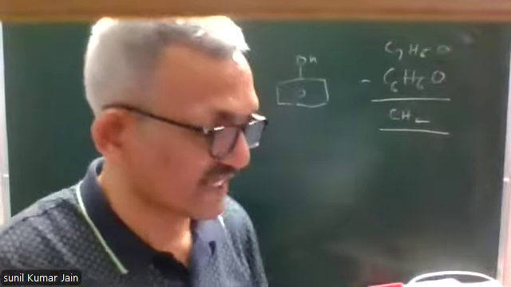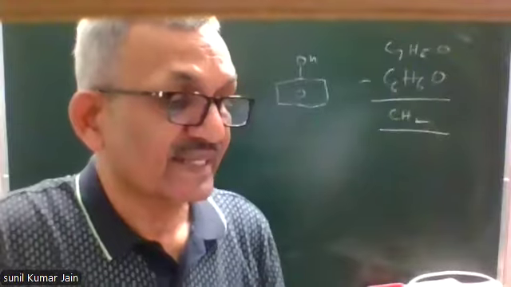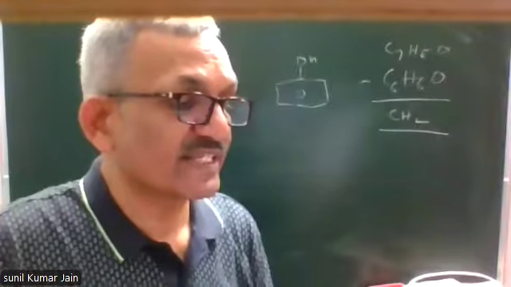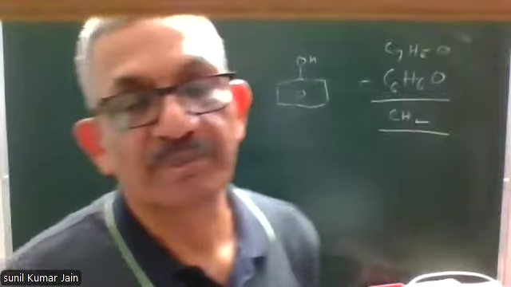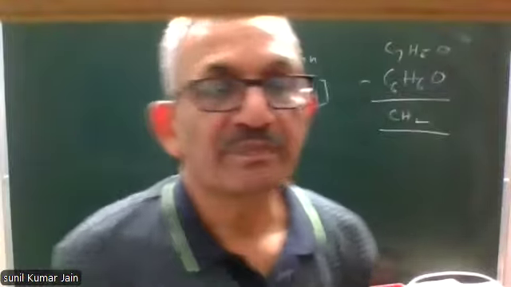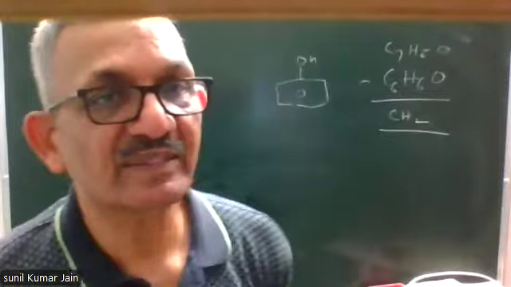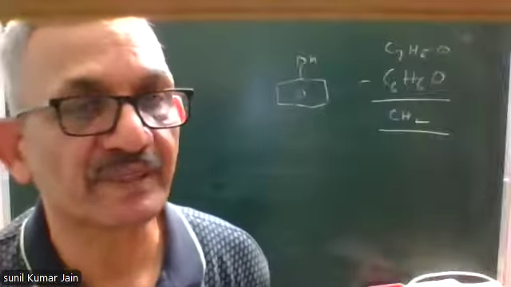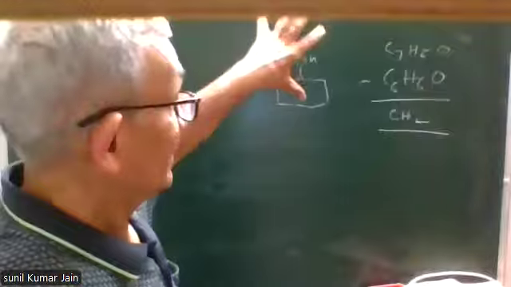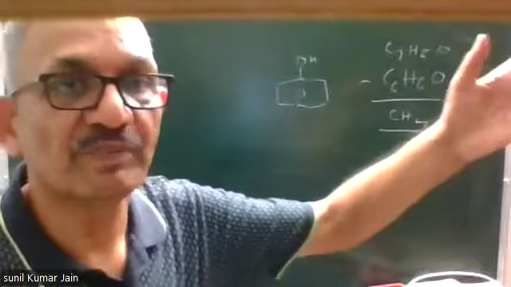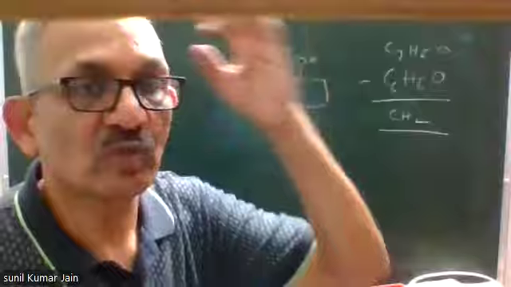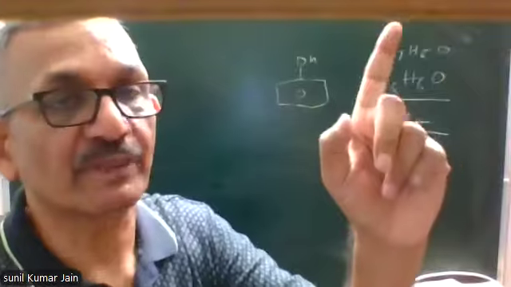Now, further the question says, this readily gives white precipitates of C7H5OBr3 when treated with bromine water. Now, in the formula of the product, 3 bromine atoms are present. It means reaction of this compound, whatever it is, with bromine water will lead to tri-substitution.